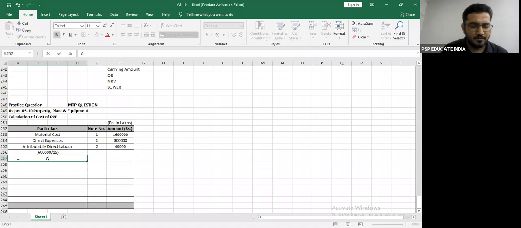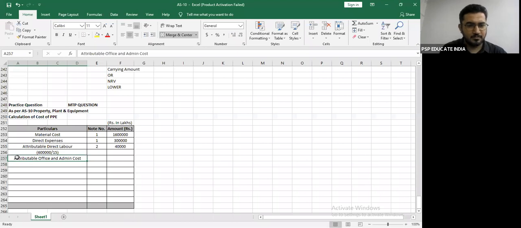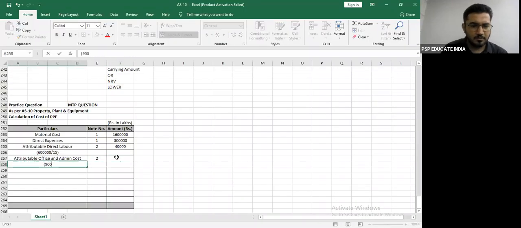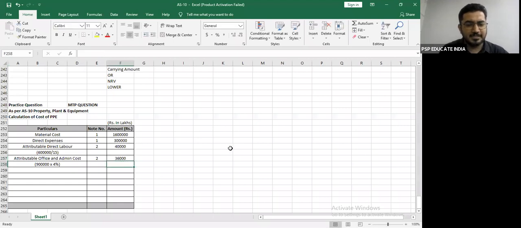Attributable office and admin cost, your attributable admin cost will be 4%. 9 lakh into 4%, 36,000.